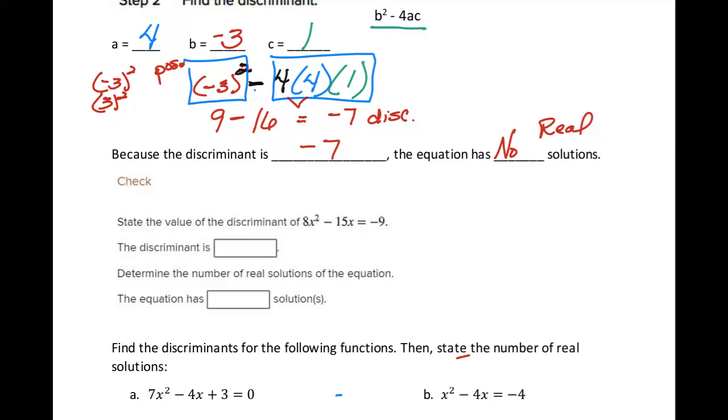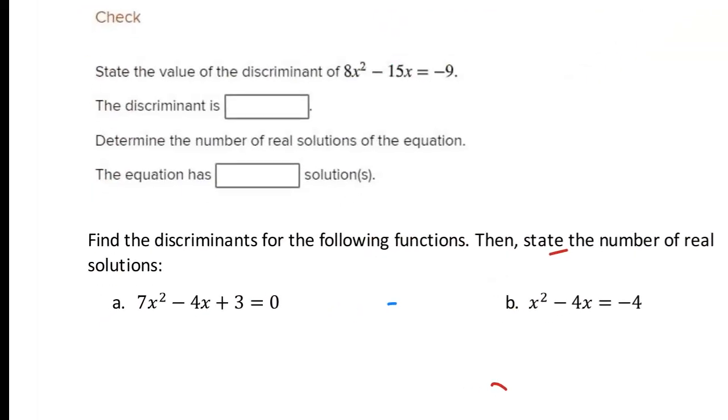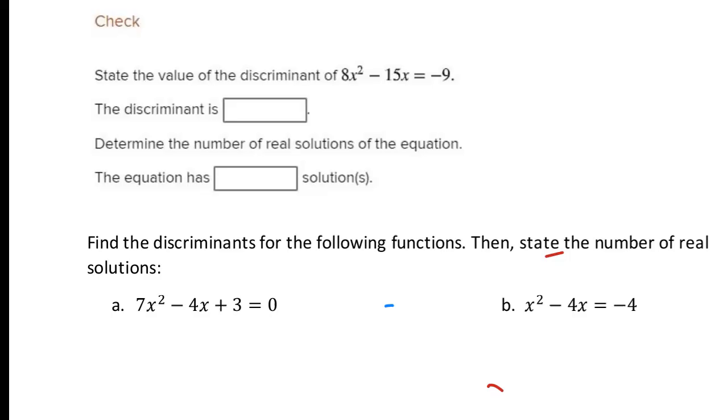All right, so let's do the same thing for the next problem. State the value of the discriminant of this equation. Well, first of all, I can't work with that as it is. That is not in general or standard form. Okay, so I would need to add 9 because it has to be set equal to 0.